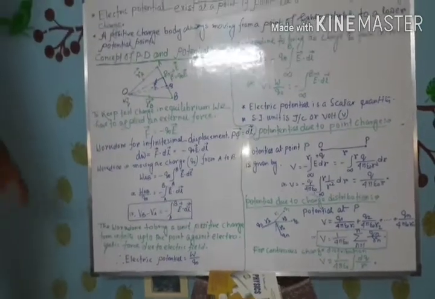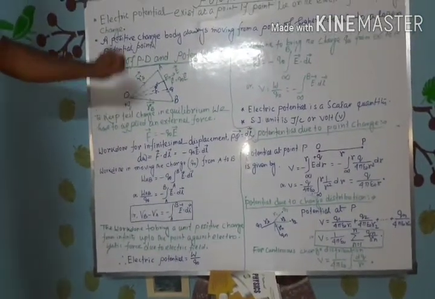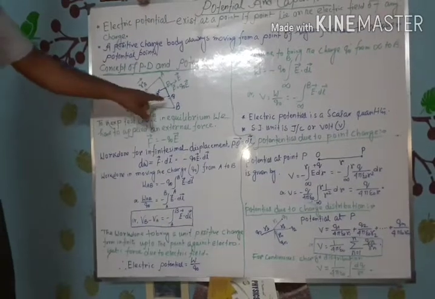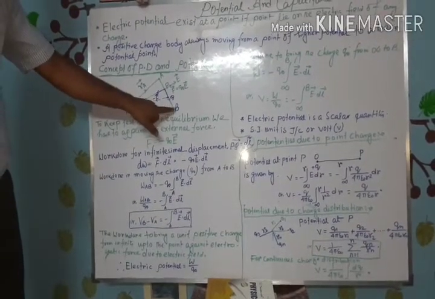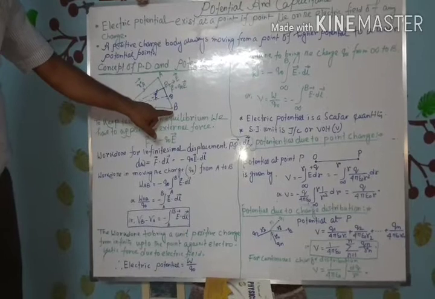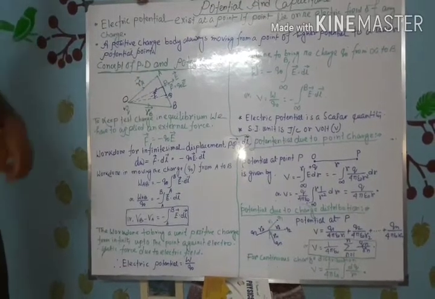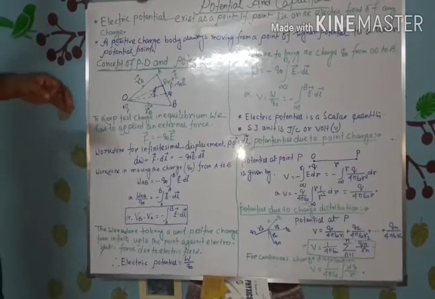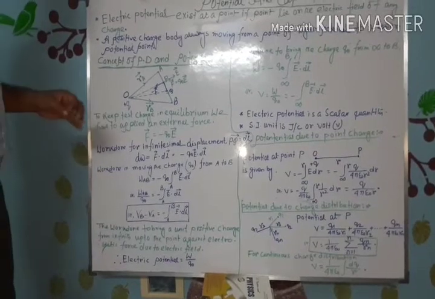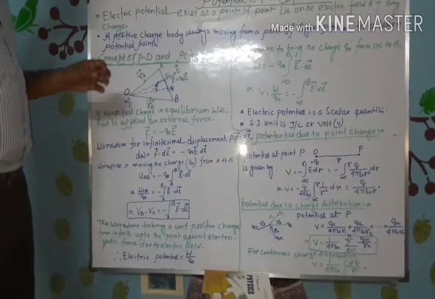So now in this figure we want to determine the electric potential at point P. Therefore, we have to determine the amount of work done to bring a unit positive charge from infinity to the point.